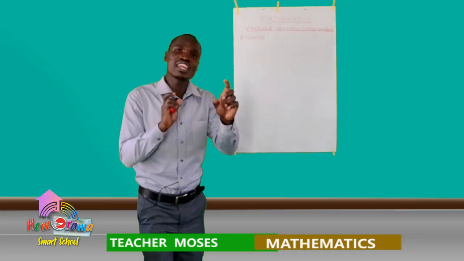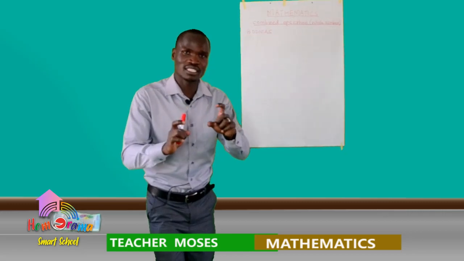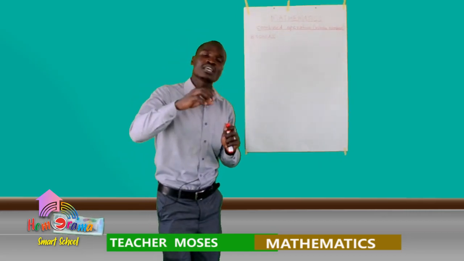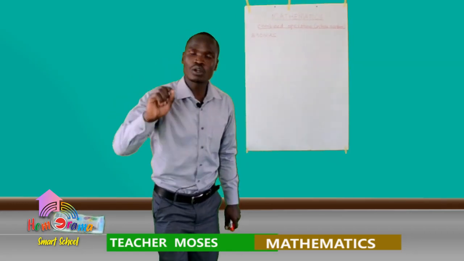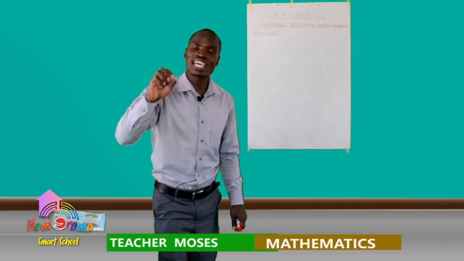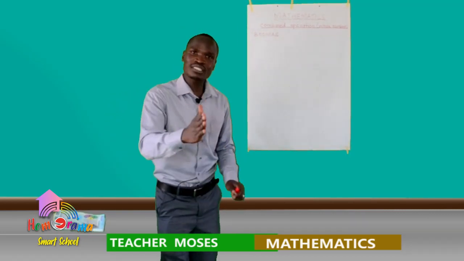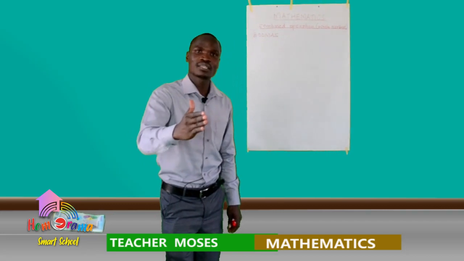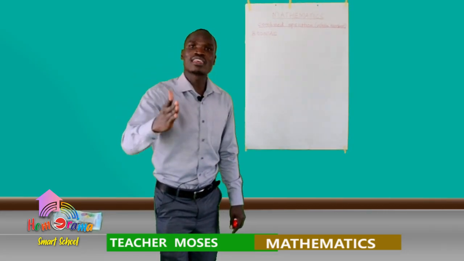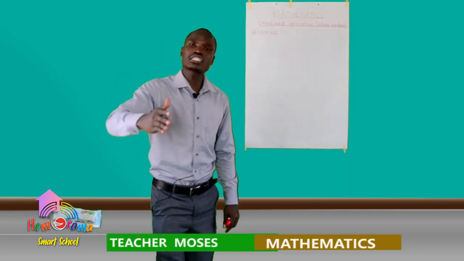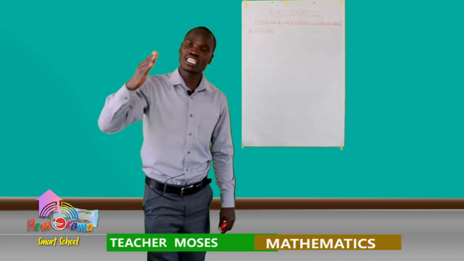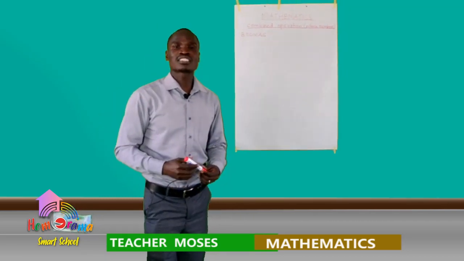You need to be very careful when you're doing this. Don't go against the rule. The rule says start with the bracket, then go to of, then division, then multiplication, then addition, and then subtraction.